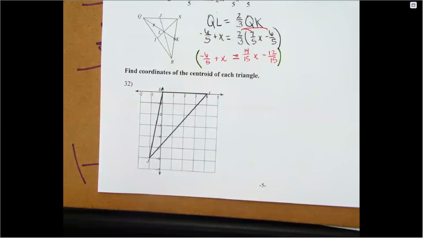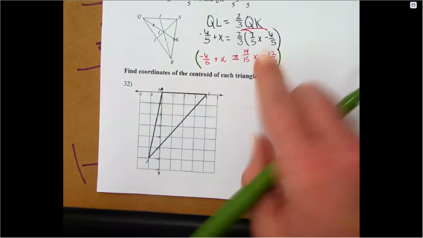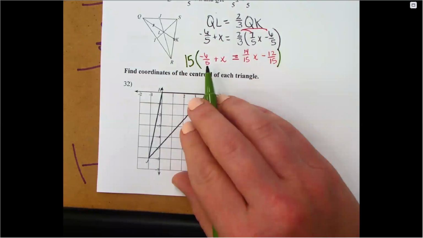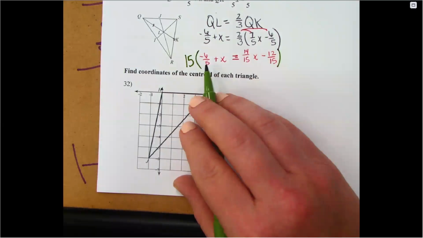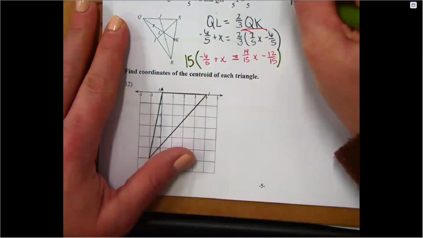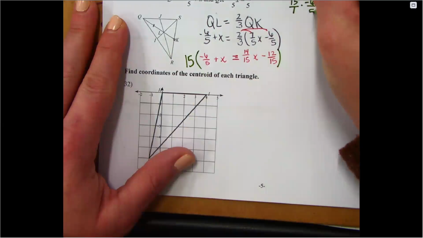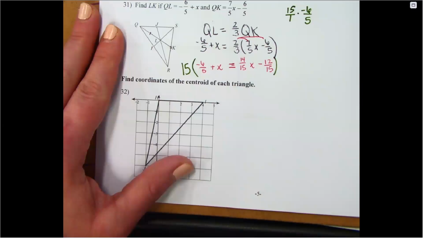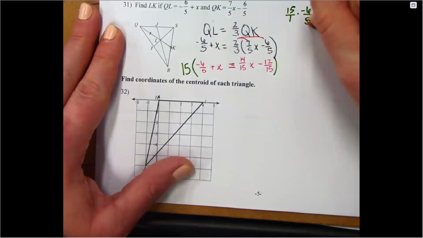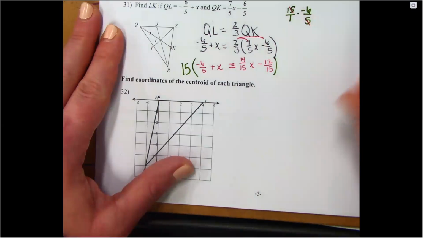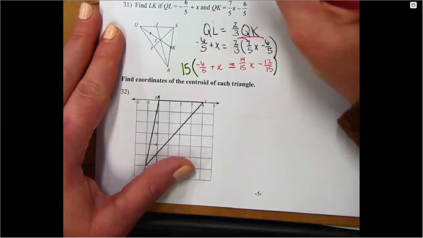When you multiply 15 times -6/5, you can use a calculator, or cross simplify: 15/1 times -6/5. 5 goes into 5 one time, 5 goes into 15 three times. Then 3 times -6 is -18.